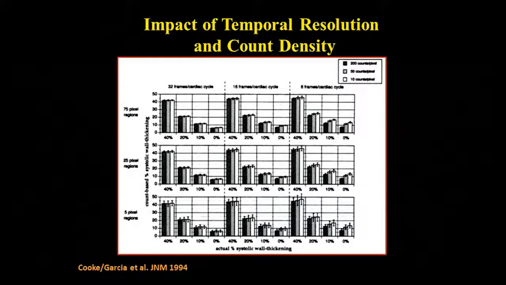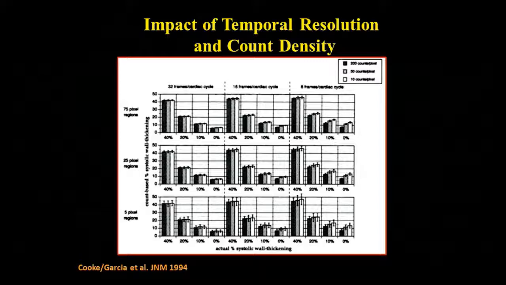And it essentially shows that as long as you have a 5-pixel region with each pixel having at least 10 counts, and as long as you have 8-bin gating, you have enough fidelity to differentiate a normally thickening myocardium, which they defined as 40% thickening, from a less thickening myocardium, from severely reduced thickening myocardium, and from a myocardium that does not thicken at all.